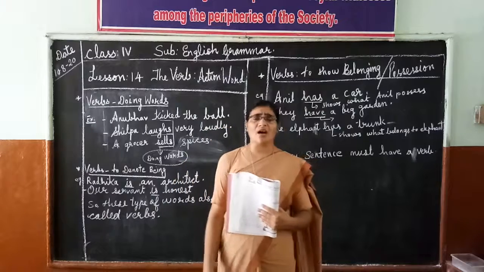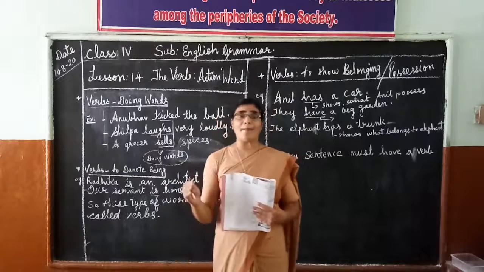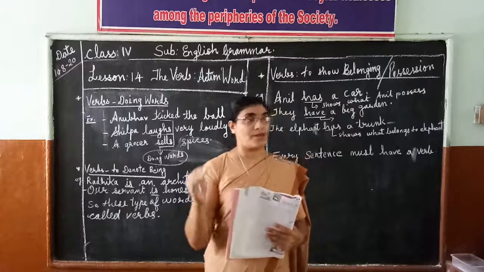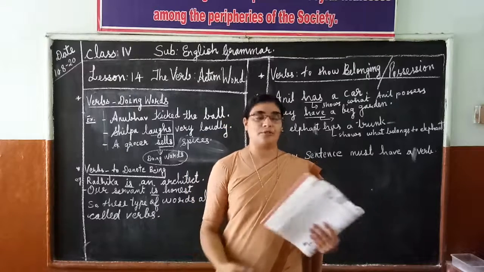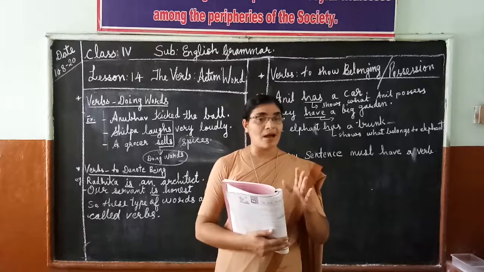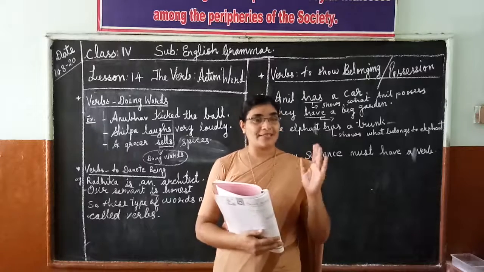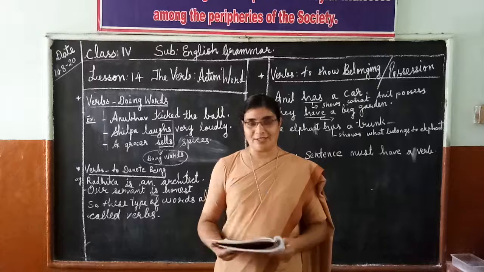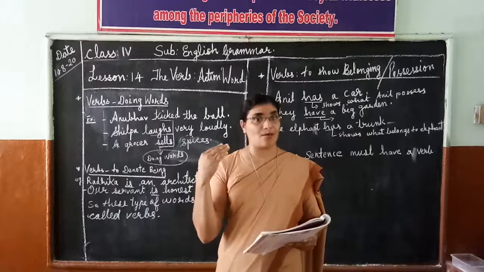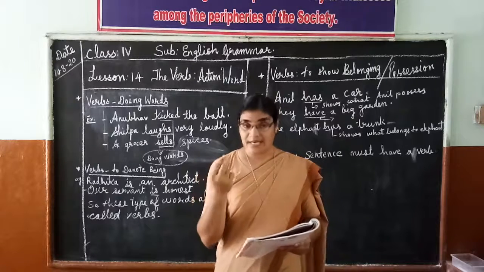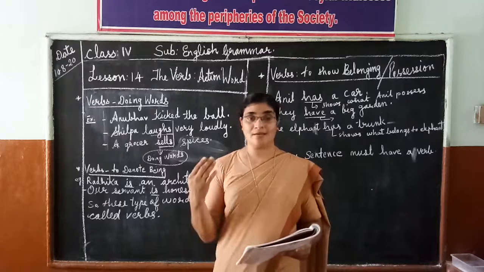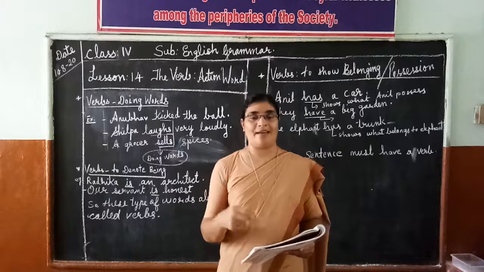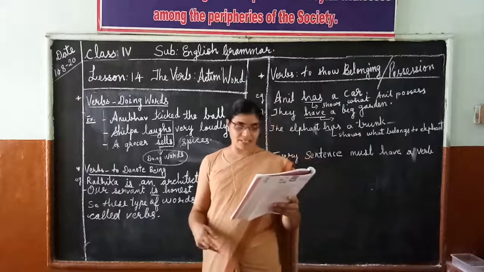Now one more example: Gopal wrote a beautiful poem. If we just say "Gopal beautiful poem," it does not give a proper understanding. Sometimes a verb in a sentence can be only one word, sometimes more than one, or more than two. Here we have examples on page 59.